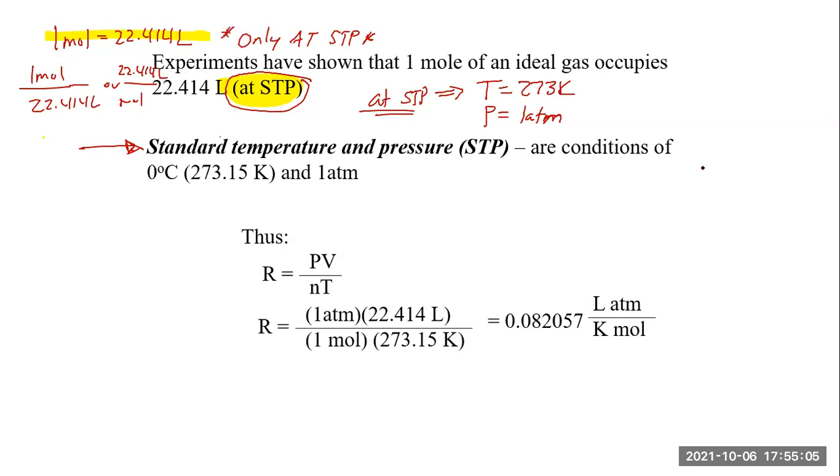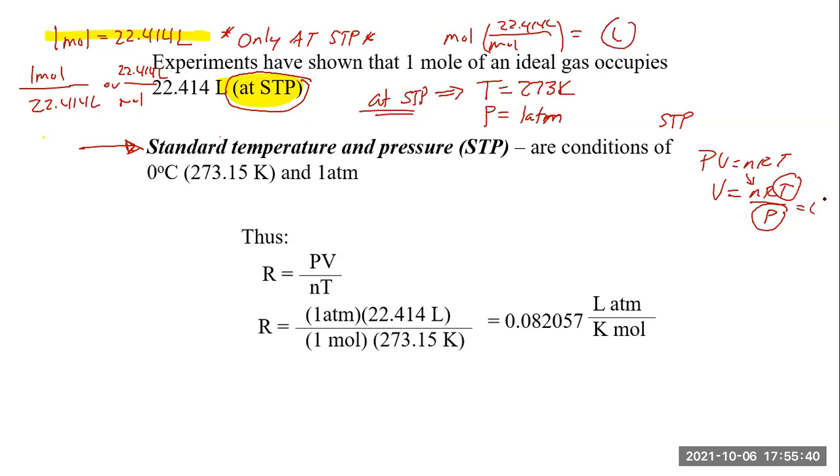Or you could use PV equals nRT and solve for volume, which would be nRT over P. Here, if they said at STP, you would put in for the temperature 273, for the pressure 1 atmosphere, and whatever your moles would be. Or alternatively, you could use the moles of what you have and use that conversion factor, a mole is 22.414 liters, which will give you liters. This will also give you liters, and those two numbers will be exactly the same.